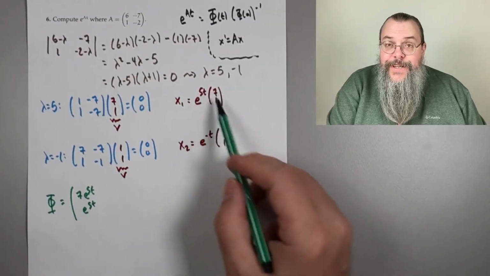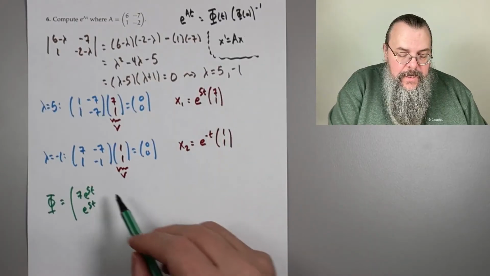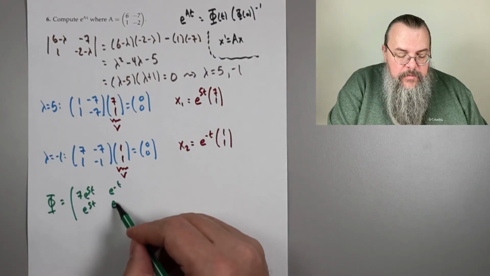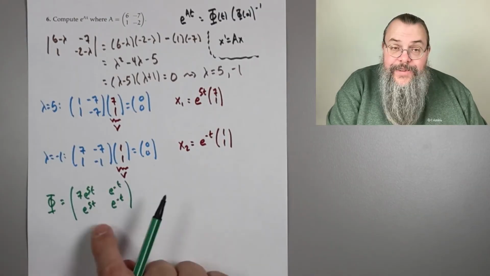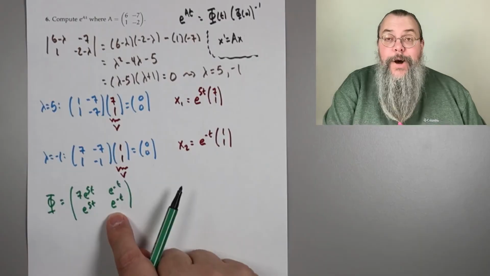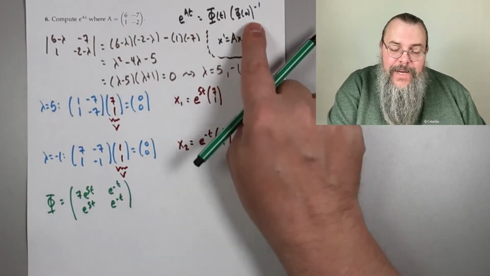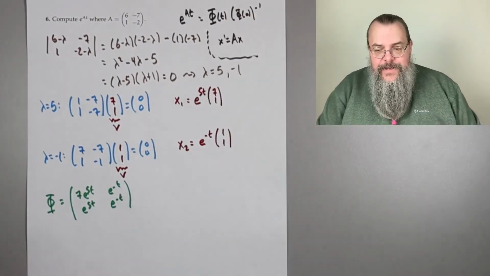I'm pushing that e to the 5t in. And then x2 is our second column, e to the minus t, e to the minus t. This is not e to the at, but we're close. We've gotten this piece of it. So now we've got to work on this phi 0 inverse.